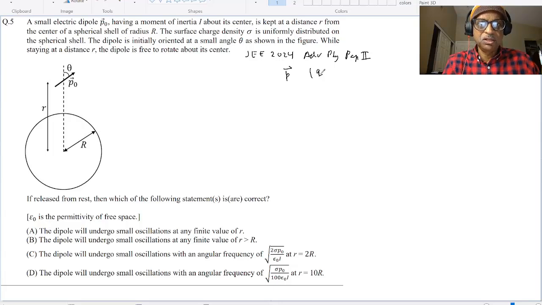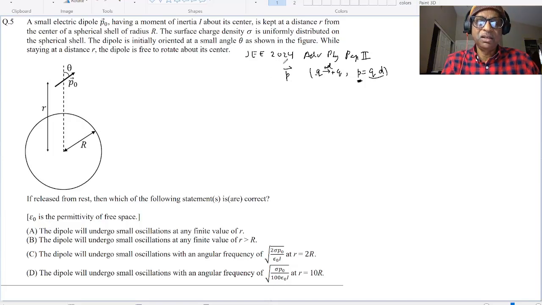If you have two charges minus q and plus q separated by a distance d, then P equals qd, just positive, and this is the magnitude, and the direction is from minus to plus. And if they're very close to each other, then you can just forget this and look at the dipole moment. So you have a P.